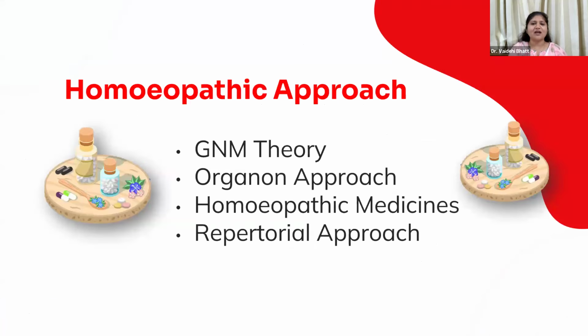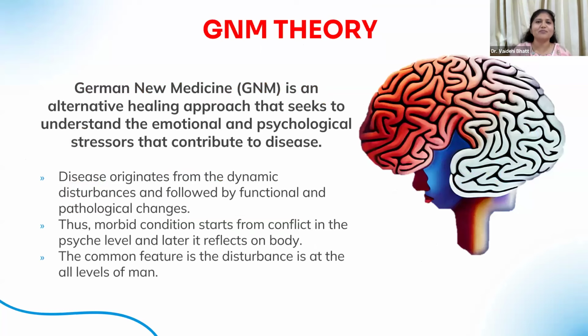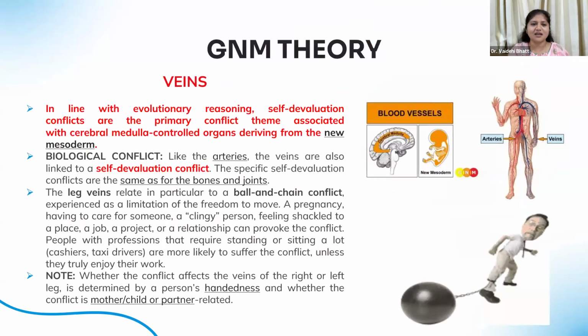Now the homeopathic approach. First of all, I always give importance to GNM theory. In GNM theory, this is related to the mesoderm. Valvular structures and vasculature develop from the mesoderm, and mesoderm is always related to the self-devaluation conflict.